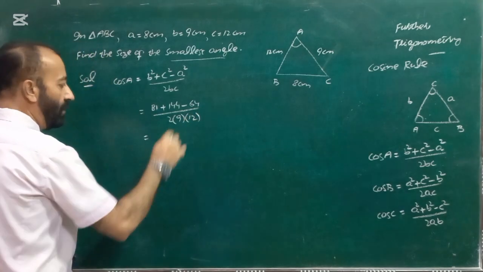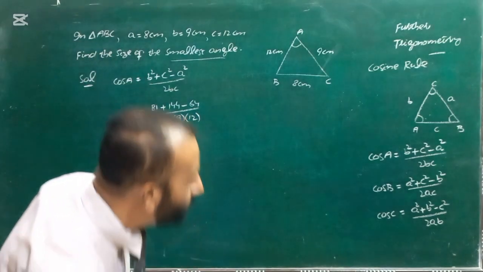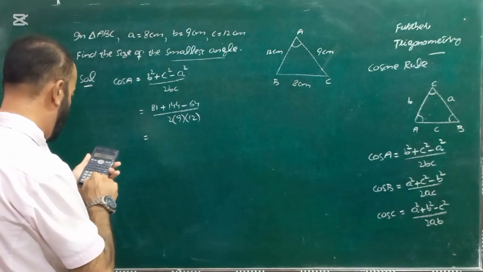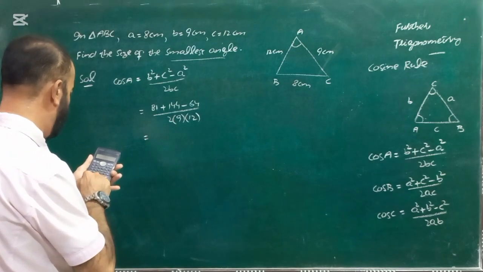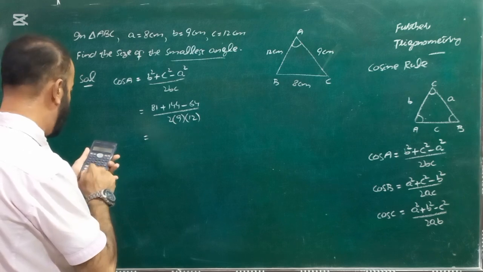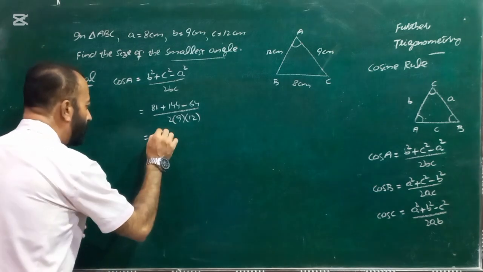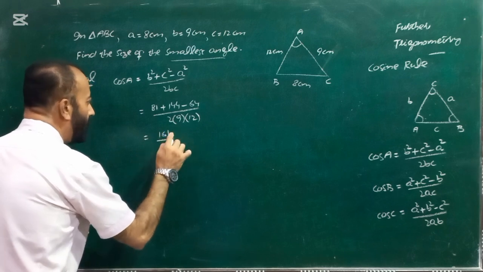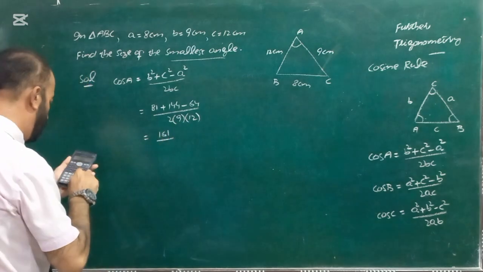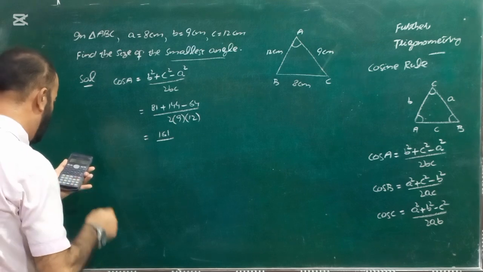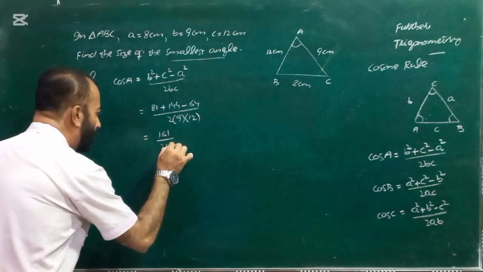So first we will solve it. So 81 plus 144 minus 64 is 161, divided by 18 into 12, which is 216.